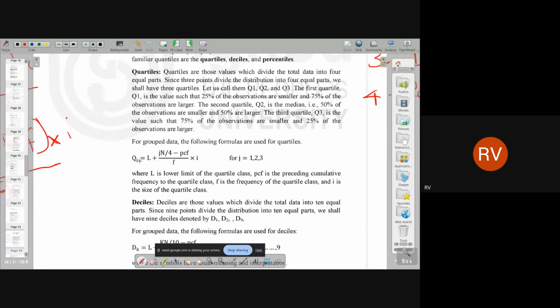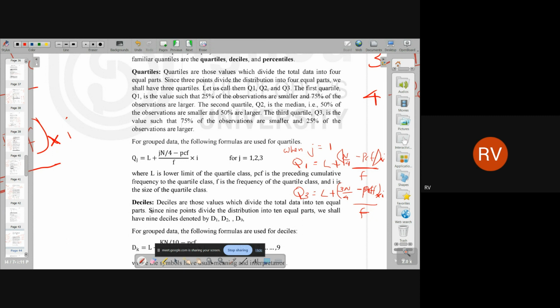To find Q1, when j is equal to 1, Q1 is equal to L plus (jn by 4 minus PCF) into I divided by F. Similarly, when j is equal to 3, Q3 is equal to L plus (jn by 4, that is 3n by 4, minus PCF) into I divided by F. The calculation is similar to finding the median.